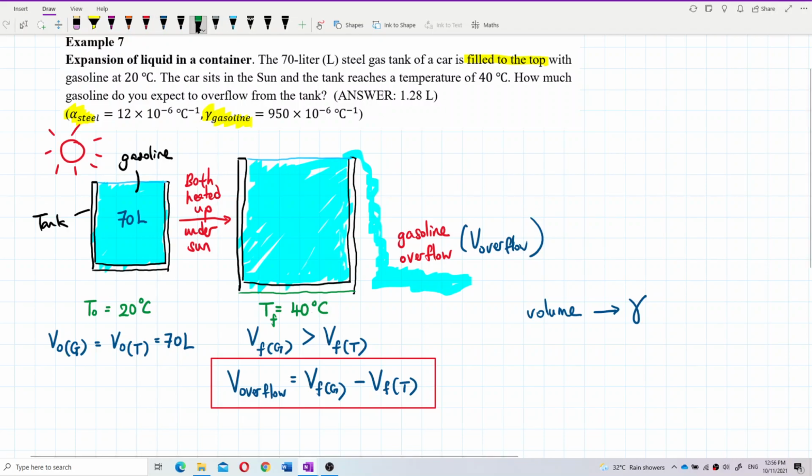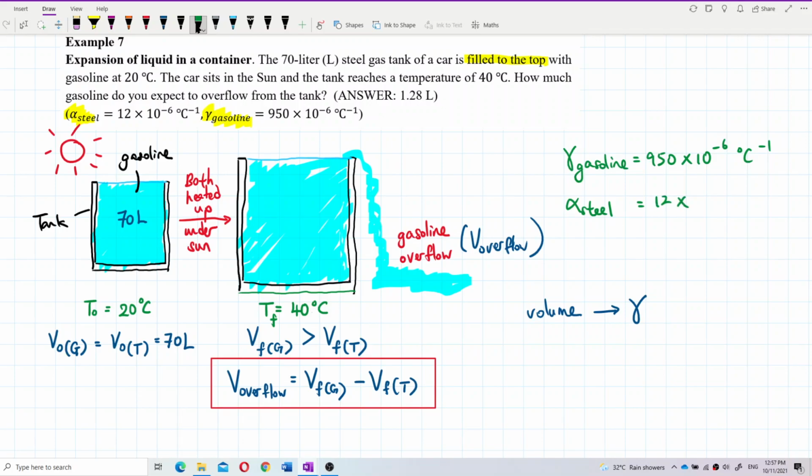I write down: we have the gamma for gasoline, which is fine, 950 times 10 to the power of -6 per degree Celsius. But for the steel, it only gives you the alpha, which is the coefficient of linear expansion.